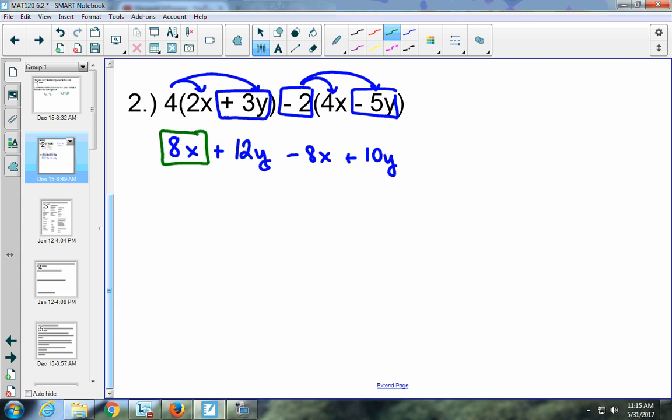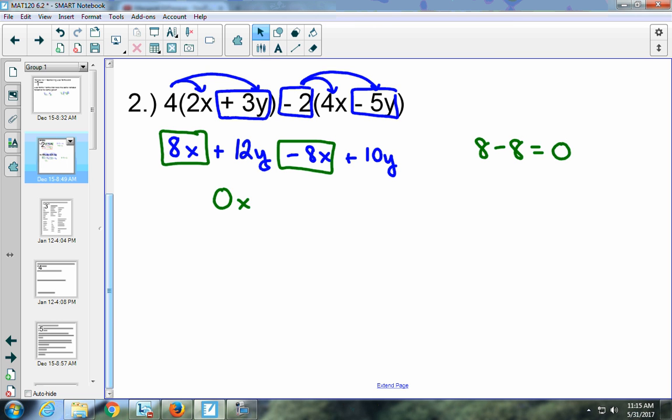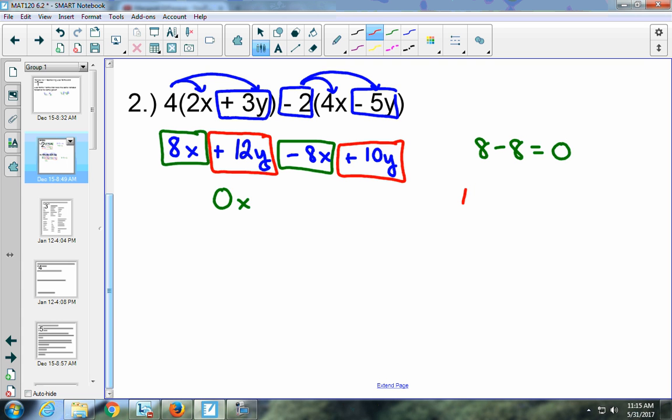So if I do 8x minus 8x, if we focus on those number parts first, I know 8 minus 8 gives me 0. So I have 0x. And I'll combine these number parts with the y's, my positive 12y plus 10y gives me positive 22. And I keep my y attached.